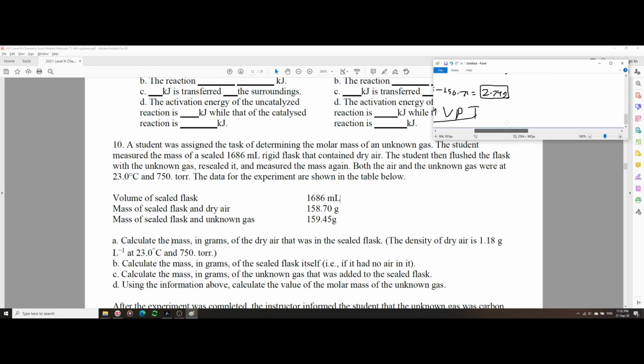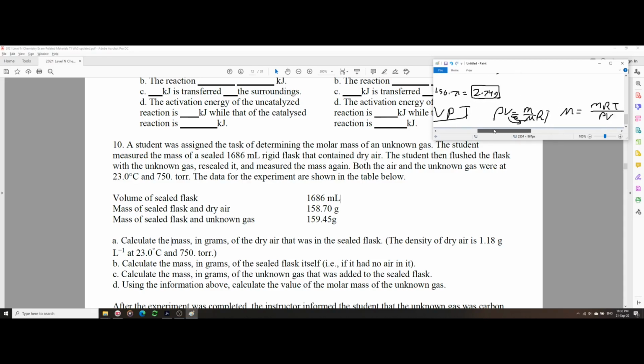Of course, we'd use PV equals nRT, where n is replaced by m over M, mass over molar mass, R stays R, and T. We're looking for molar mass, right? So rearrange the equation. You get M equals mRT over PV. Now time for substitution.